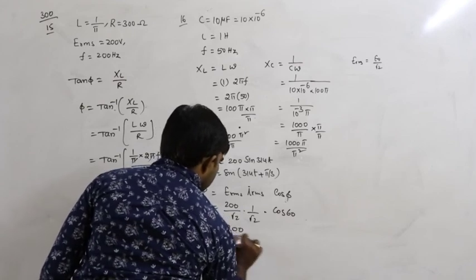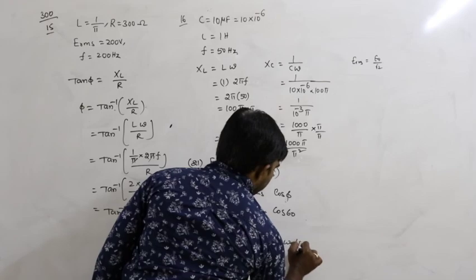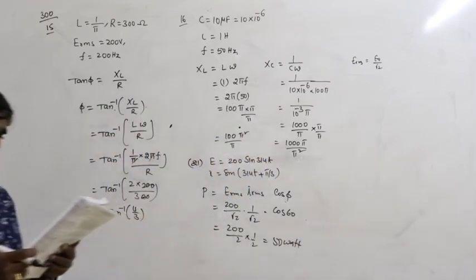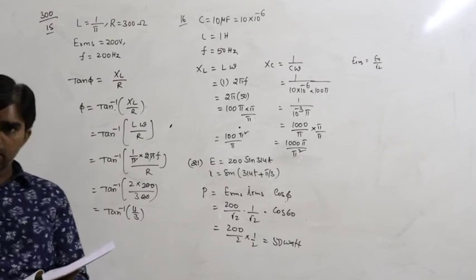So 200 by 2 into 1 by 2 is 50 watts. Power consumed is 50 watts.